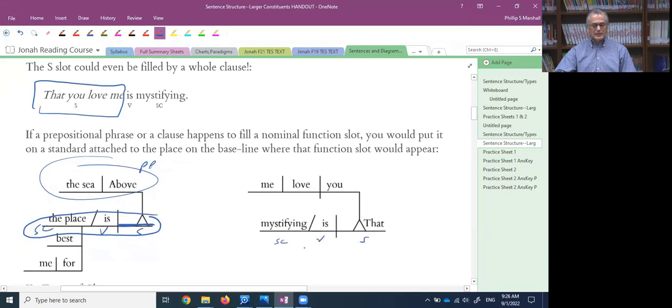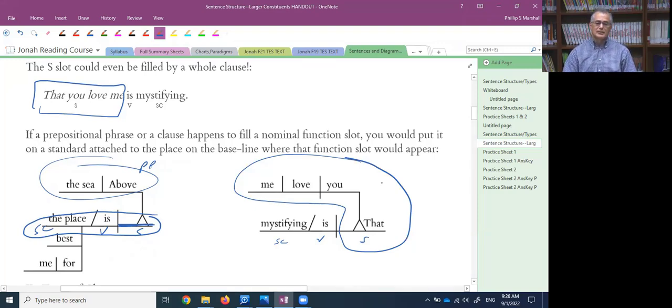So we use that diagramming type, but notice that I've got an entire clause now that's functioning as the subject. And so I have to push it up on the standard or the stilts, if you want to call it stilts, and give it its own structure, because that clause has its own subject, verb, direct object, right? You love me is a different type of sentence than something is mystifying, right?